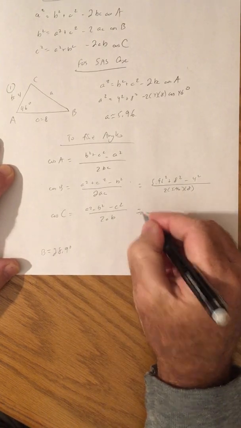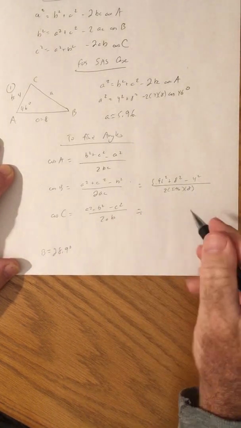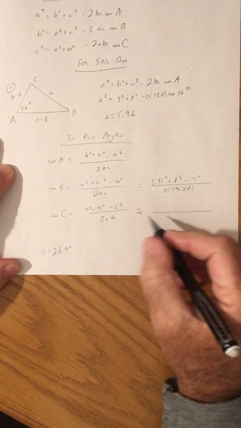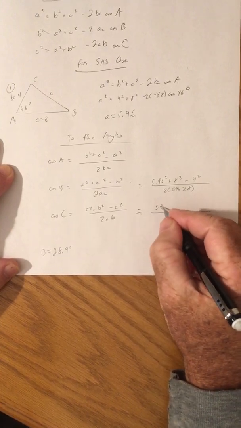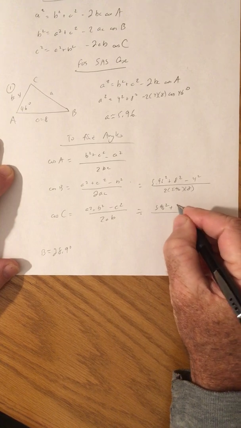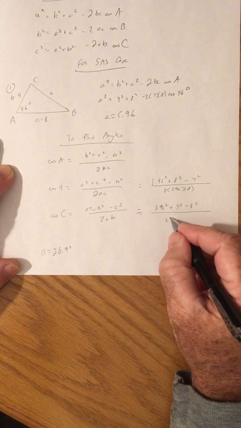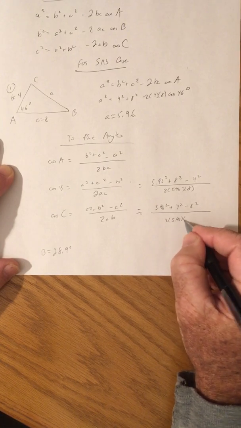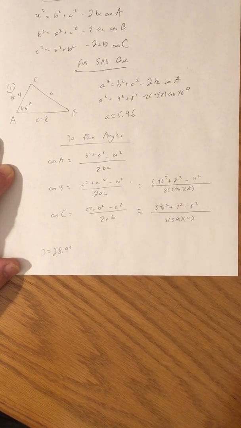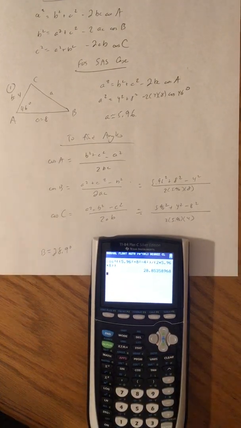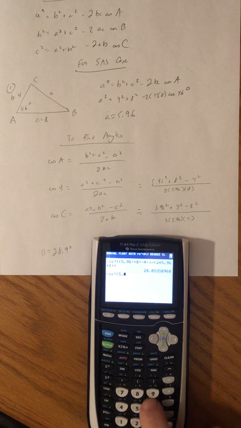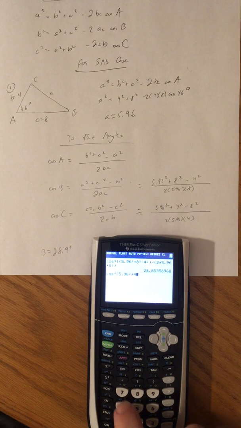Okay. Cosine C, again, just using the numbers that we already have here. A squared, which is 5.96 squared, plus, in this case, 4 squared. Now these two numbers are going to get reversed, and it looks very similar. 2 times 5.96 times 4. Okay, again, very similar. Inverse cosine of 5.96 squared plus 4 squared minus 8 squared.